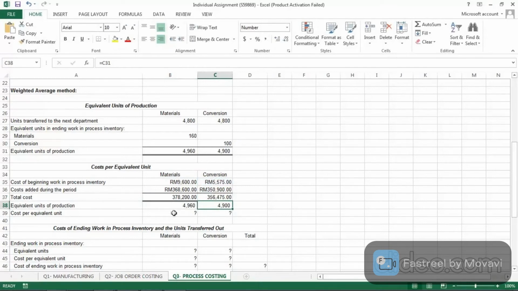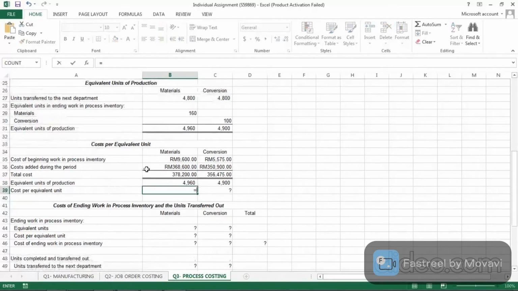To get the cost per equivalent units, total cost divide the equivalent units of production.